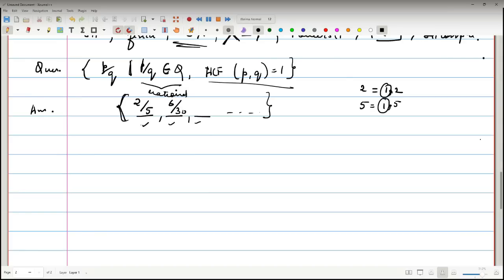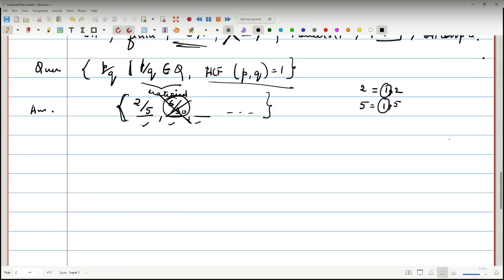Can it be a part of this set? No, sir. Why no? 6 can be expanded into 2 into 3, and 30 into 3 into 2 into 5. There 2 and 3 are common factors. Very good.